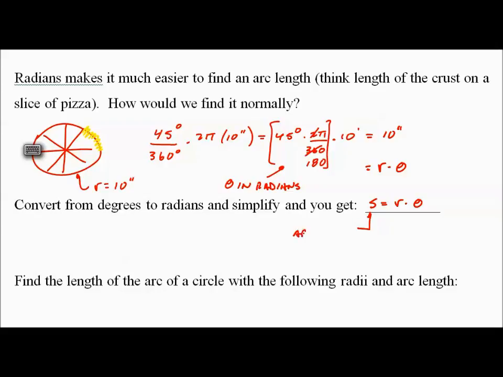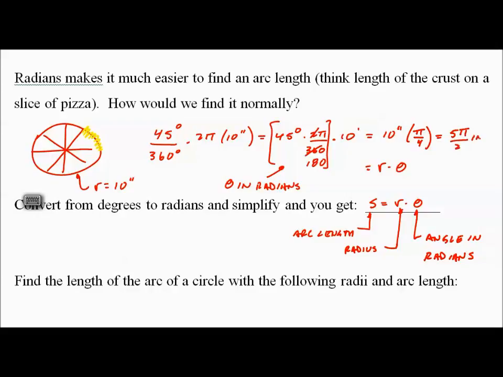Arc length, radius, angle in radians. And to finish off up here, you get times pi over 4 equals 5 pi over 2 inches.